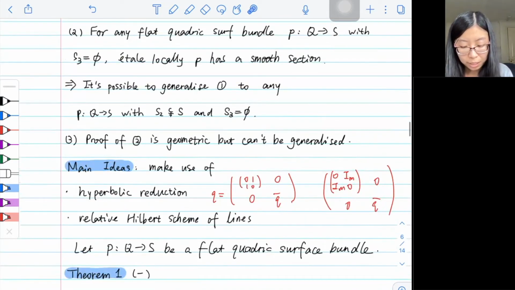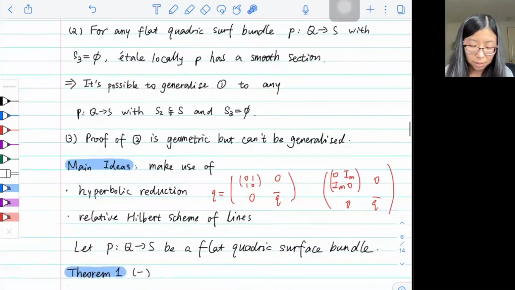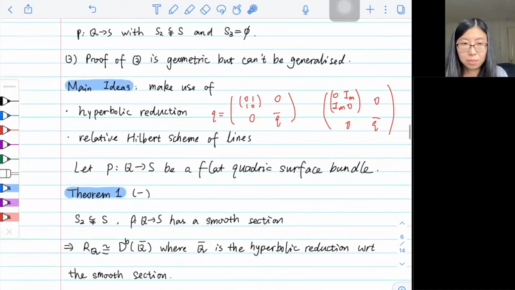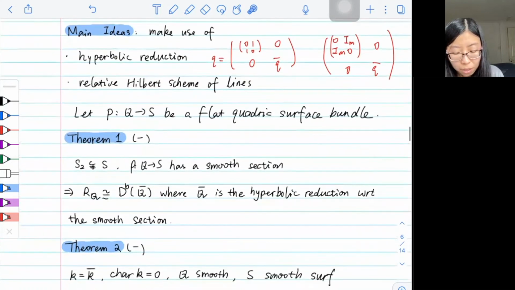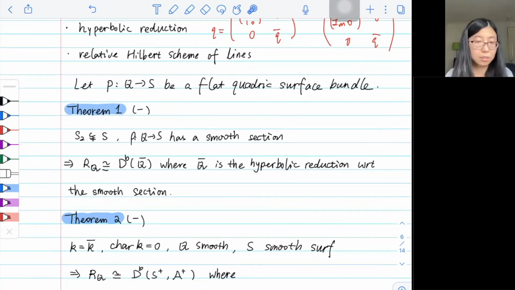Now that I have told you the main results in a vague way, let me also mention the precise statements. Here P is a flat quadric surface bundle. The first case gives us Theorem 1, which says that if S2 is not S, and if you have a smooth section, then the residual category is equivalent to D^b of Q bar, where Q bar is the hyperbolic reduction with respect to the smooth section.